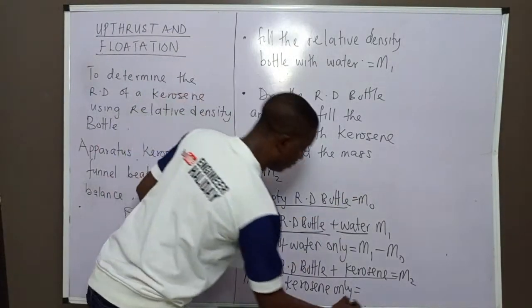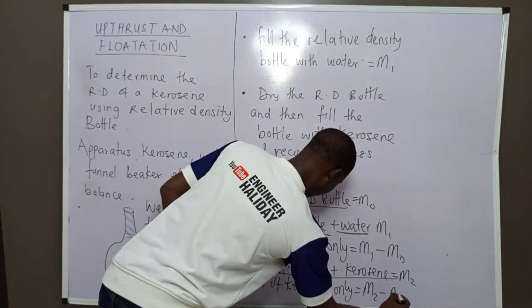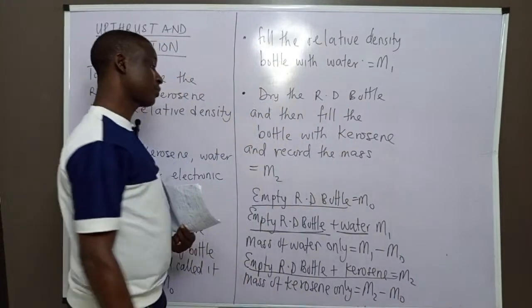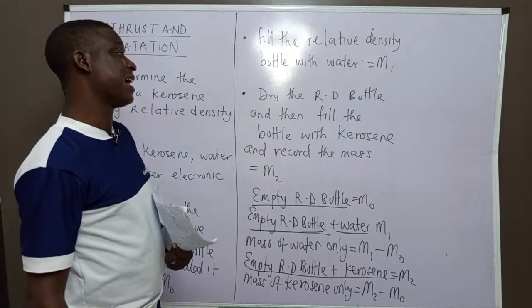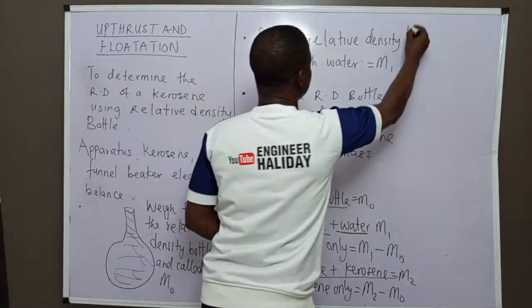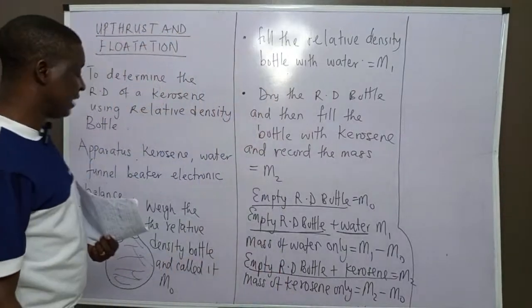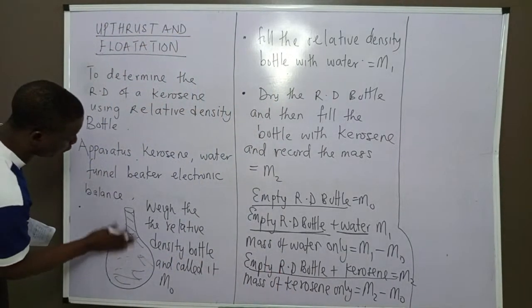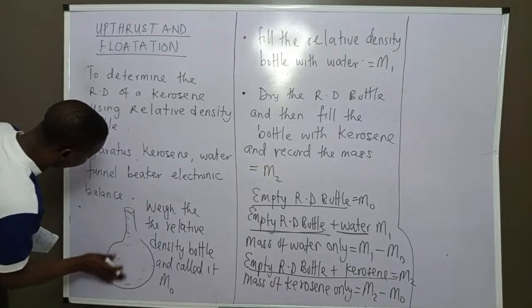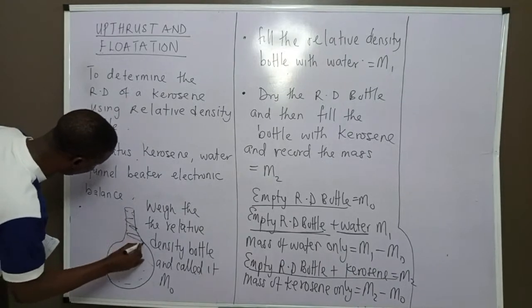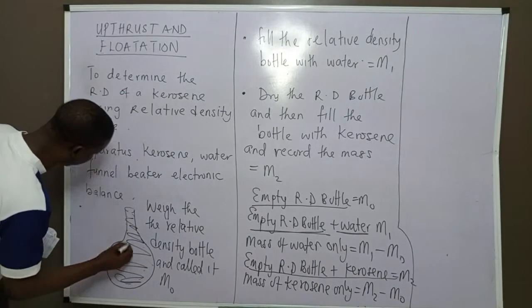What I would have now is M2 minus M naught. Having done that, we can now calculate our relative density. Don't forget, you empty this one before and dry it before filling it with kerosene. You fill the bottle.